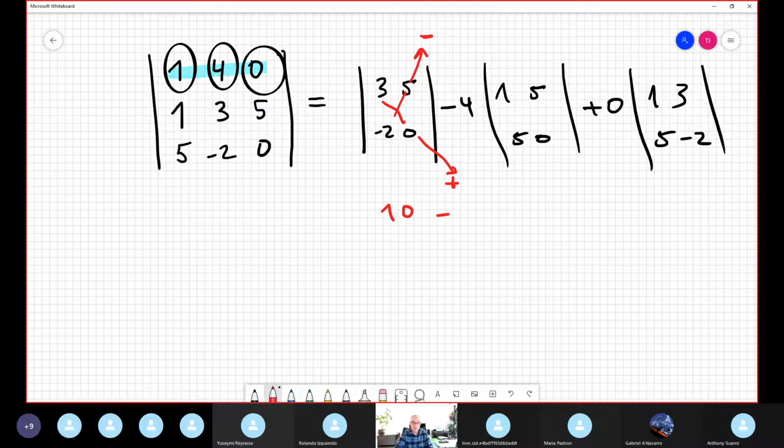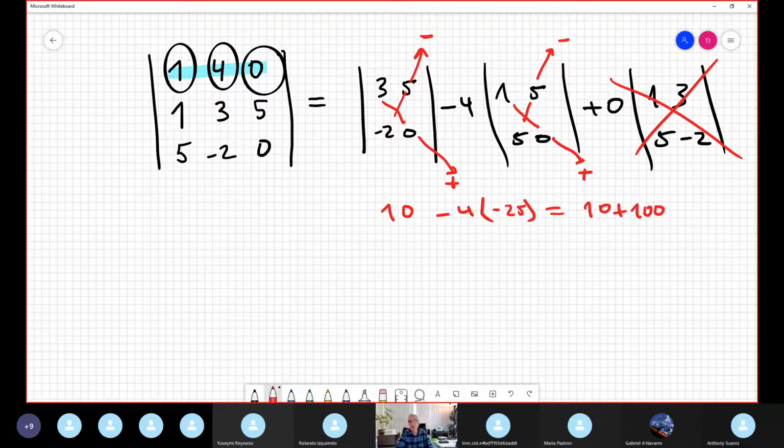Minus 4 times something: multiply this and this, which is 0, and multiply this and this, which is 25, but negative 25. Negative 25. And this guy is gone. So the answer is 10 plus 100 is 110. And this is the value associated with this determinant.